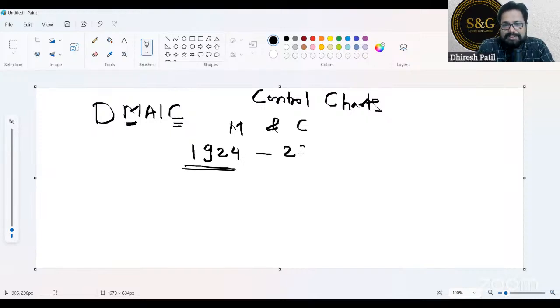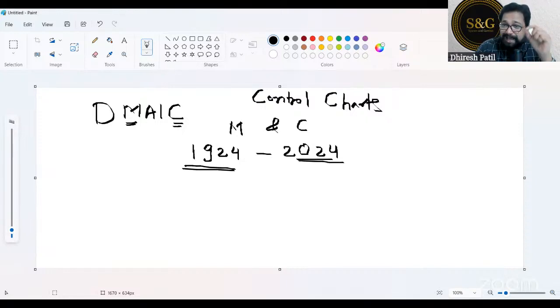and we are now discussing it. Wow, 100 years. See, this is called a time-tested mechanism, which is tested against time. In 100 years, we have seen almost five industrial revolutions, but still we are using control charts.